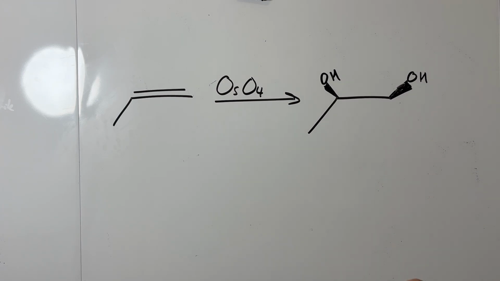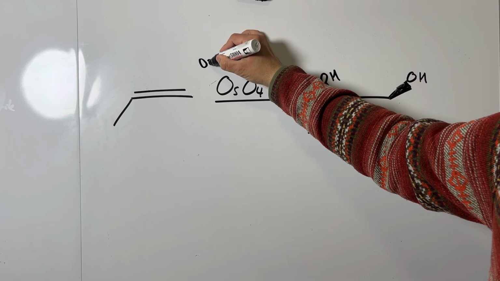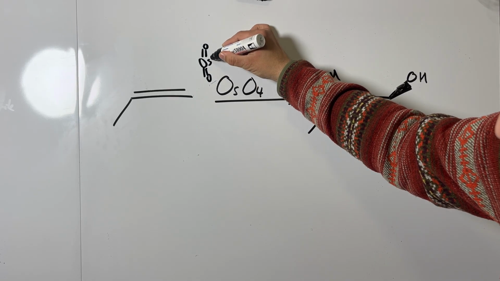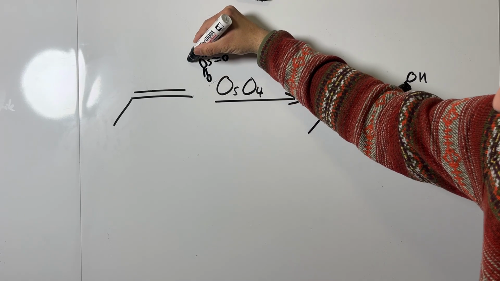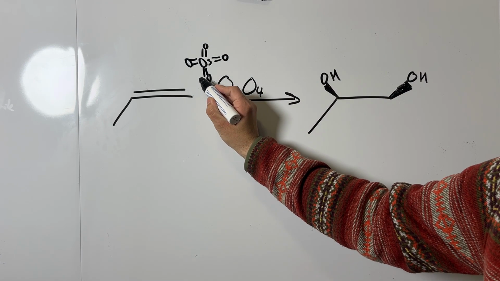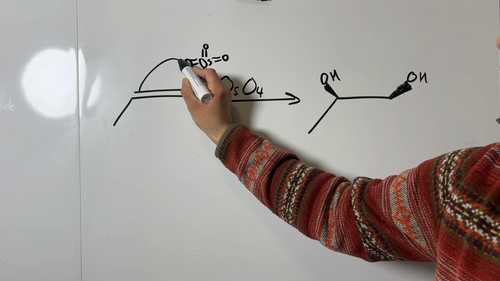First, we have to draw our osmium tetraoxide. I'm sorry, my orbital geometry is not going to be perfect. We have this right here. Now what we have is cycloaddition to our alkene. I think it's 3 plus 2, and this is considered one step.